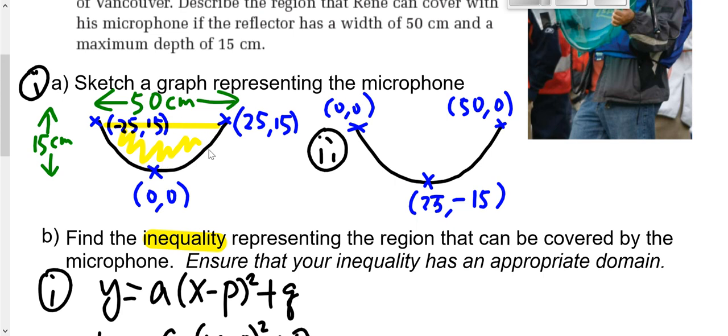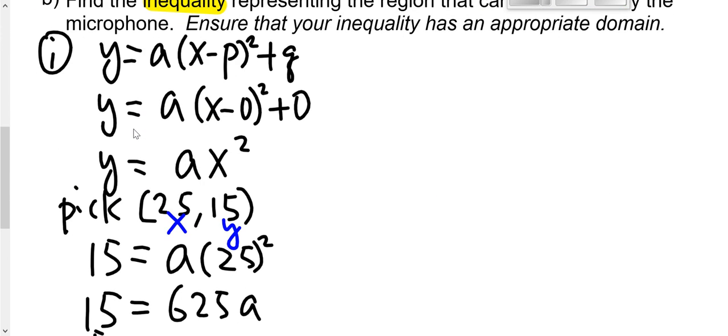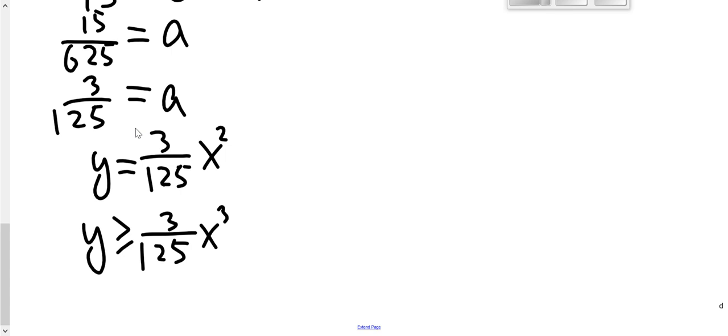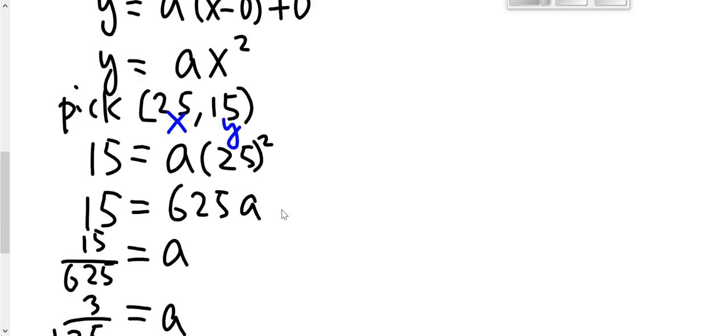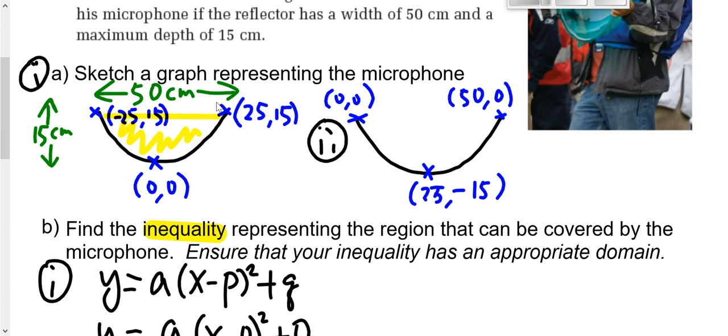Like if you have any microphone reflector or some cover, then you know what I mean. Okay, and we also have to talk about this. Include an appropriate domain. So in this case, the domain, the horizontal stuff, the x-axis, is somewhere between 25 and negative 25. So x is somewhere between 25 and negative 25, inclusive, because you can have a point right on here.